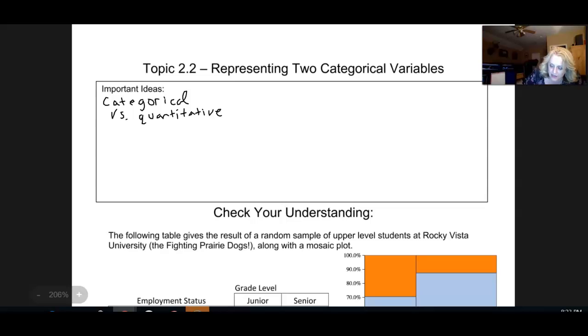All right. So categorical variables, remember, take on values that are names or labels.